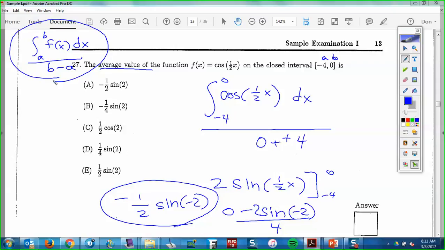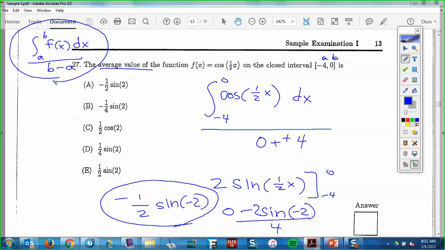Okay. What kind of function is sine? Odd functions, you put opposites in, get opposites out.